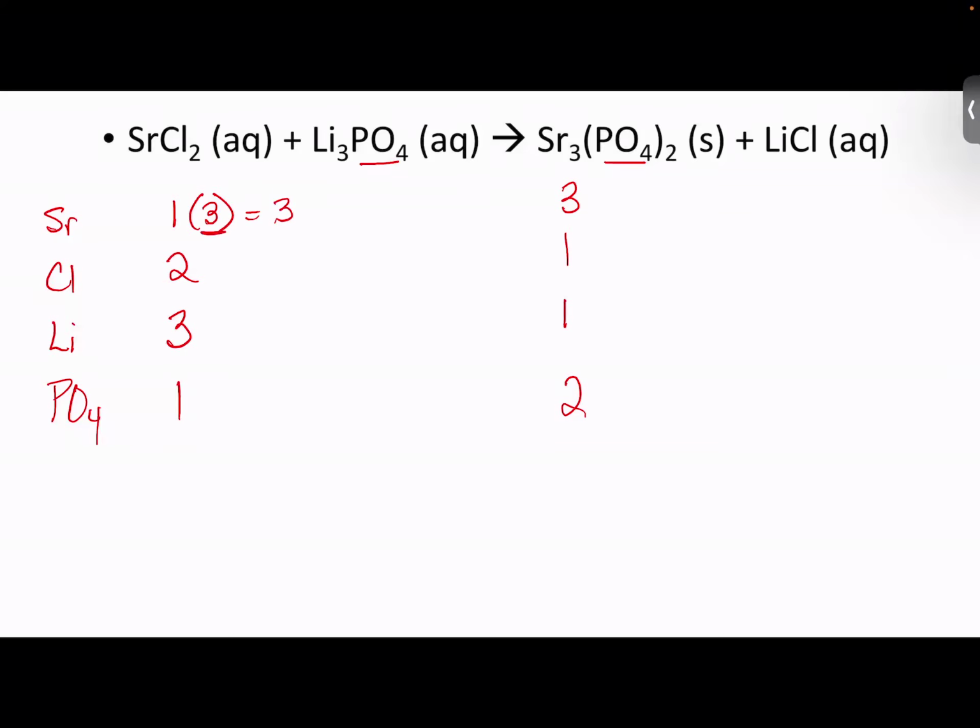Whatever you multiply by becomes the coefficient. But what happened to my chlorine when I made the strontiums balanced? I tripled the chlorine. I now have 6 chlorine atoms, not 2.